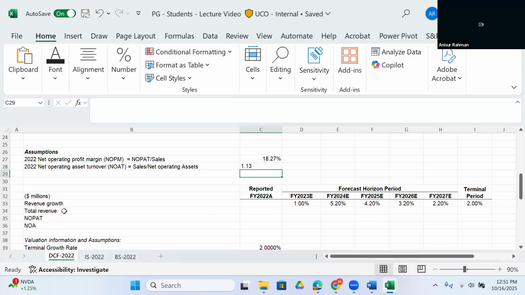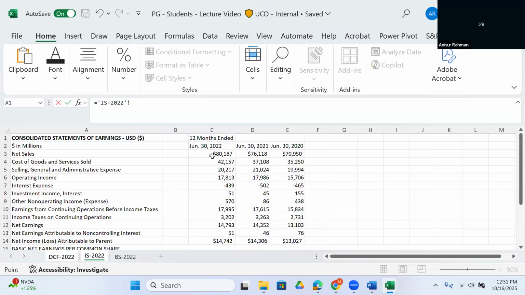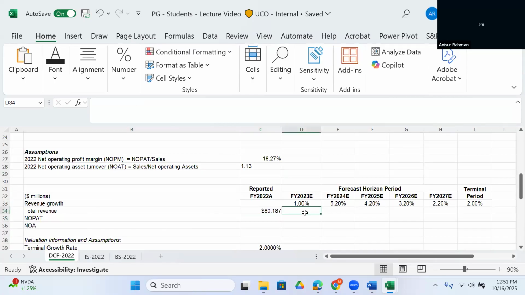Now, my revenue for 2022 fiscal year, A means actual, E means estimates. Enter equal sign, go to income statement, select this cell and hit enter. And then I'm going to use those growth rates, and pull across.